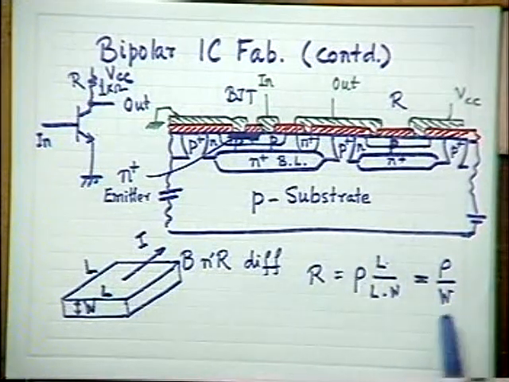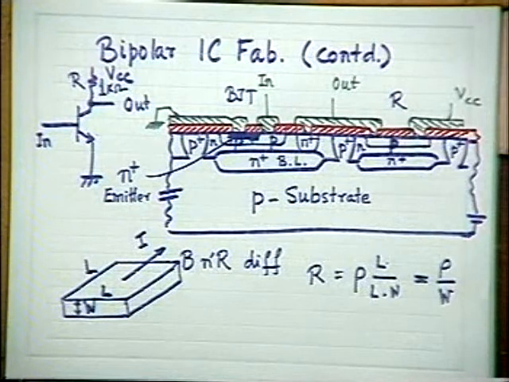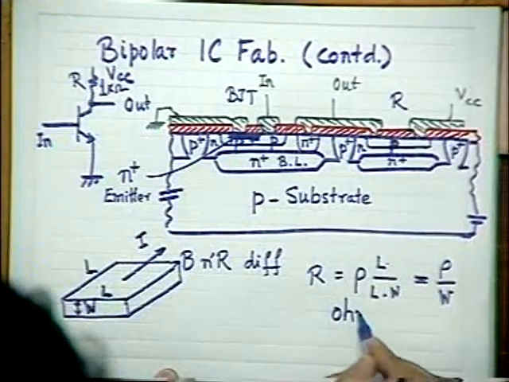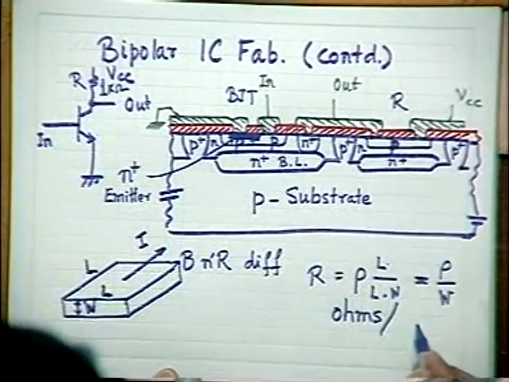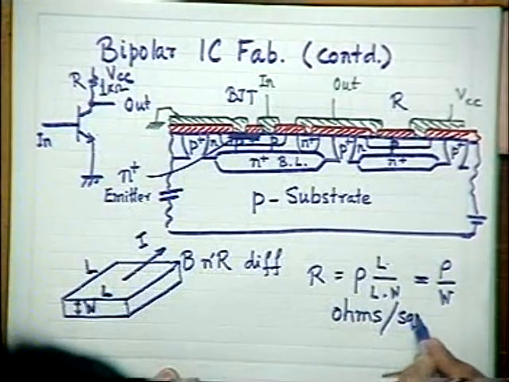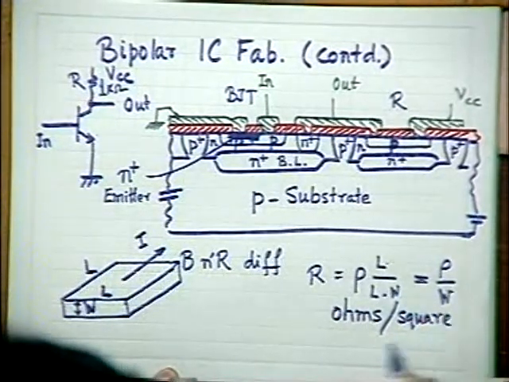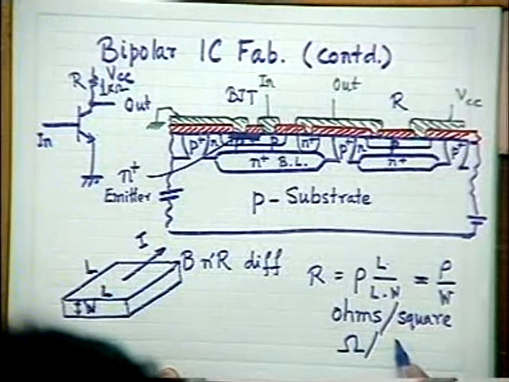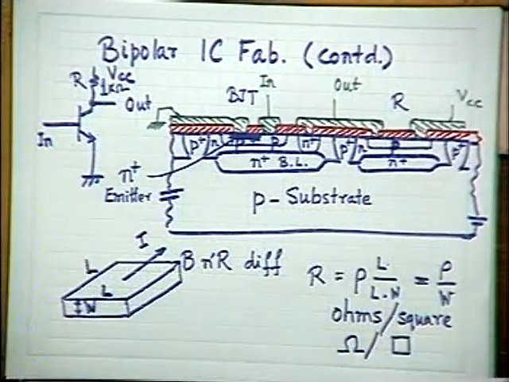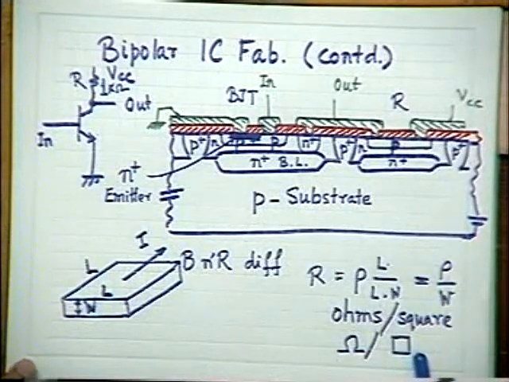This quantity is normally called sheet resistance of a film and is expressed in terms of ohms per square. This square otherwise is not meaningful so far as dimensions are concerned.